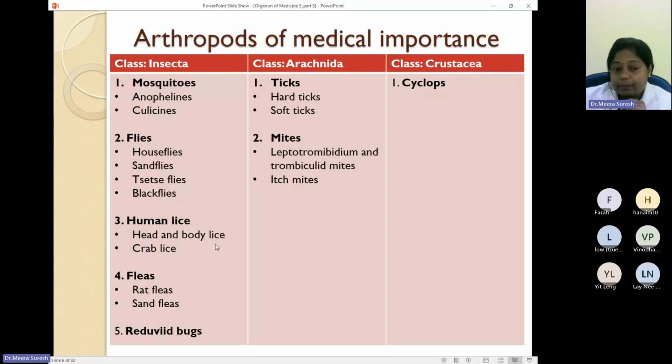Human lice, head and body lice, the pubic or crab lice, fleas, the rat fleas, the sand fleas, the reduviid bugs. In Arachnida, medically important are ticks and mites. In ticks, we have hard ticks and soft ticks, and mites: Leptotrombidium and trombiculid mites, and also itch mites, and also Cyclops, which belongs to Crustacea. So these are the important organisms belonging to the phylum Arthropoda.